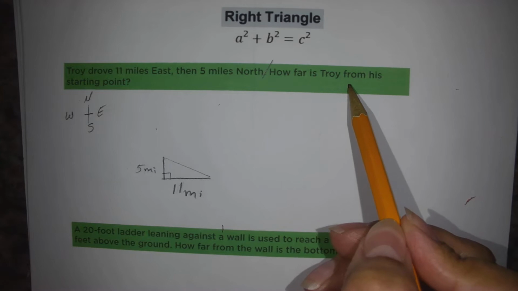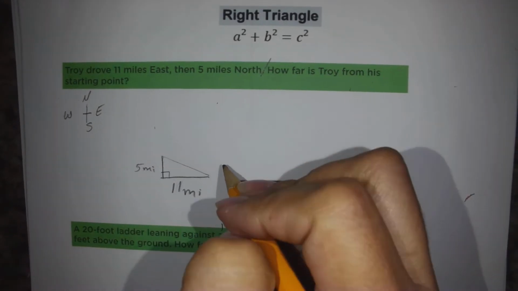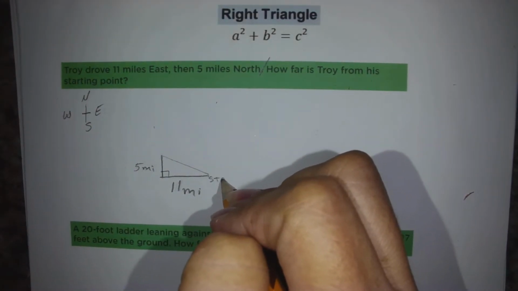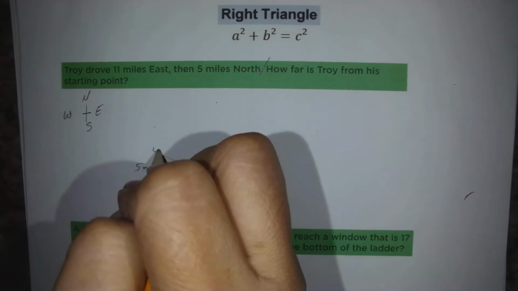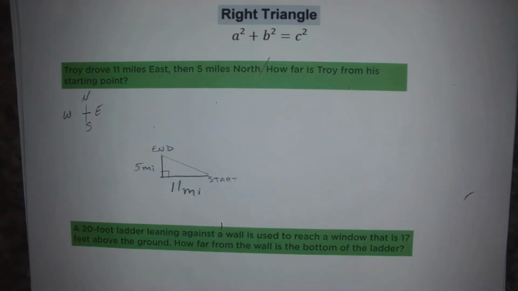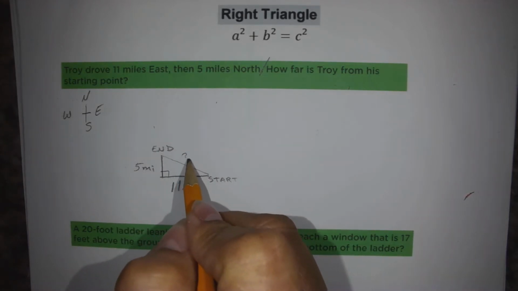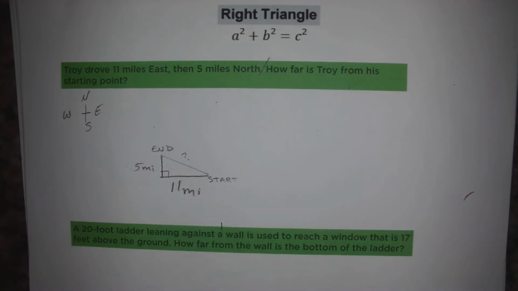How far is Troy from his starting point? So he started here and he ended here. So how far is this guy? So again, we're going to make sure we label our hypotenuse appropriately.